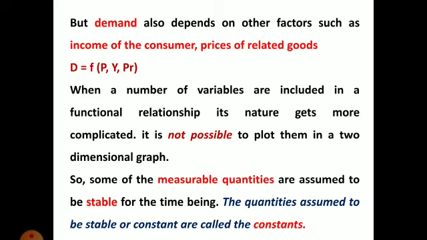So we assume that income, that is Y, and PR, that is prices of related goods, remain constant. So those quantities are called constants. I hope it is clear.